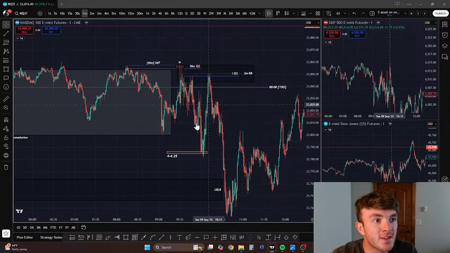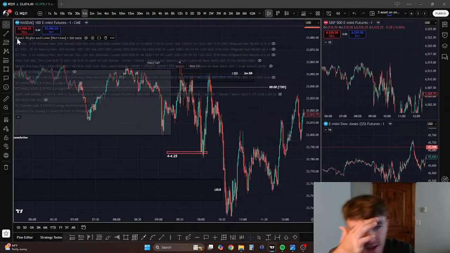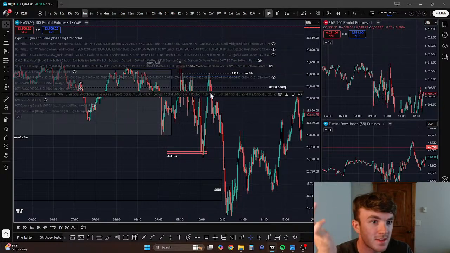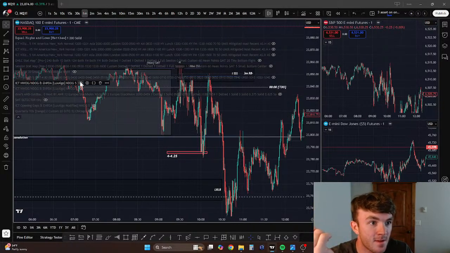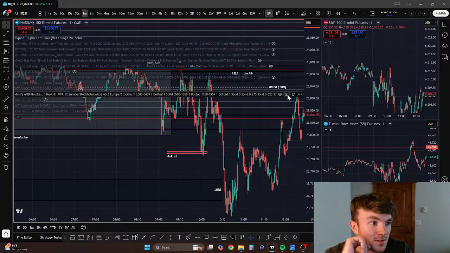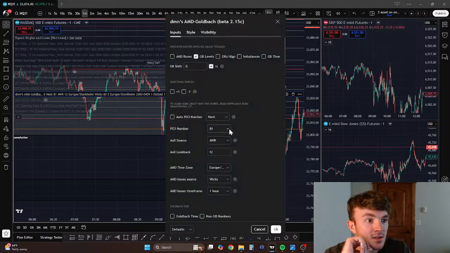What hint could we have had to know that this was possibly going to be manipulation? Were we at the high of the new day opening gap? No. New week opening gap? No. Were we at the high of the range? Oh my gosh, we were.